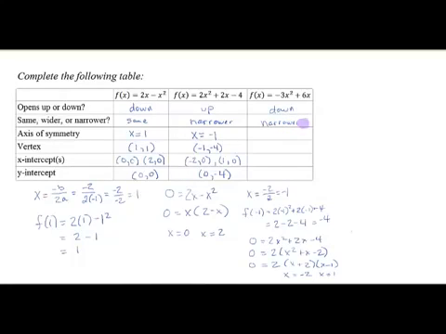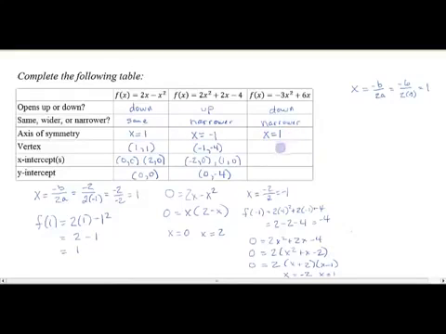The axis of symmetry, let's go ahead and start with that. That's x is negative b over 2a. So we have negative b is going to be negative 6 over 2 times a, which is negative 3. So I have negative 6 divided by negative 6 is positive 1. So x equals 1 is our axis of symmetry for this.